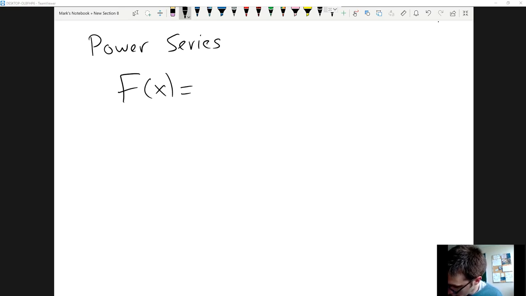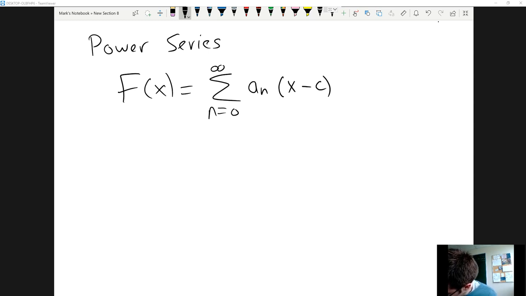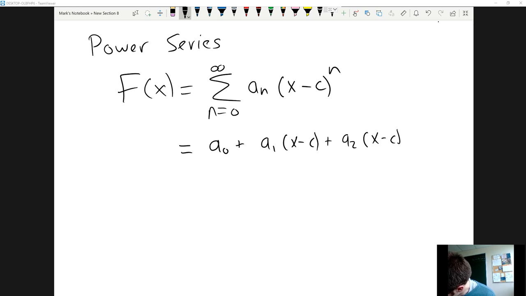f of x is equal to the sum from n equals 0 to infinity of a_n, so just like a regular series, times (x minus c) raised to the nth power. And if we were to write down the individual terms in that sum, we'd get a_0 times (x minus c) to the 0, which is just 1, plus a_1 times (x minus c), plus a_2 times (x minus c) squared, plus a_3 times (x minus c) cubed, and so on.